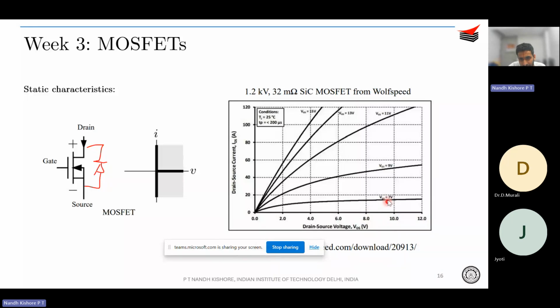You see that with an increase in the gate source voltage VGS, the current also increases. So you can approximate the MOSFET to be a voltage controlled current source. The controlling voltage is your gate source voltage, and based on that, the drain current will change.